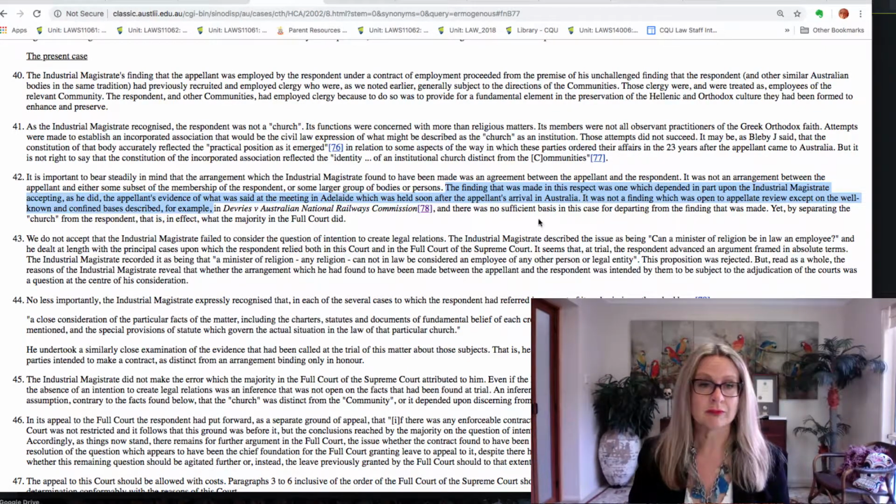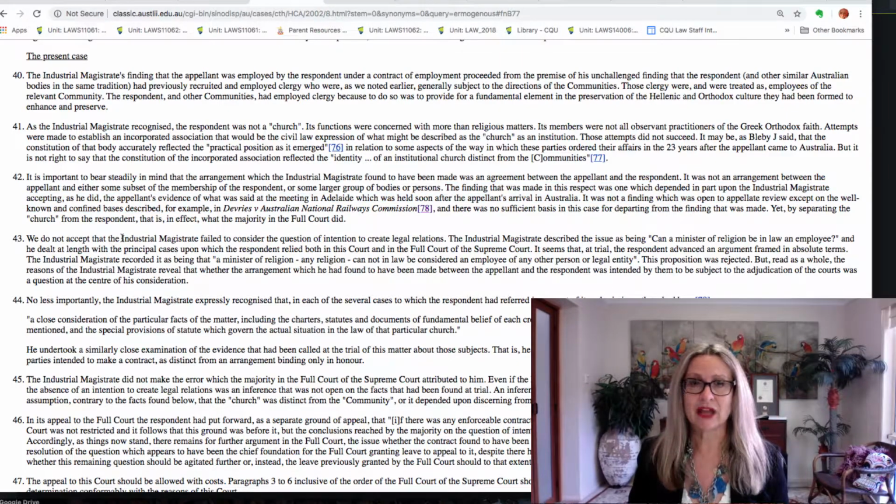Okay? The main reason why the Supreme Court had allowed the appeal to it was because they said, big problem here with the industrial magistrate's initial finding, and that was he didn't actually go ahead and consider the whole question of the intention to create legal relations. And the High Court says, well, that's rubbish, actually, because that whole issue is bound up in the question, can a minister of religion be in law an employee?